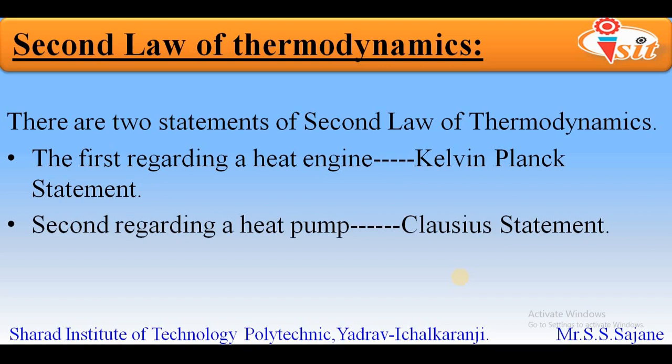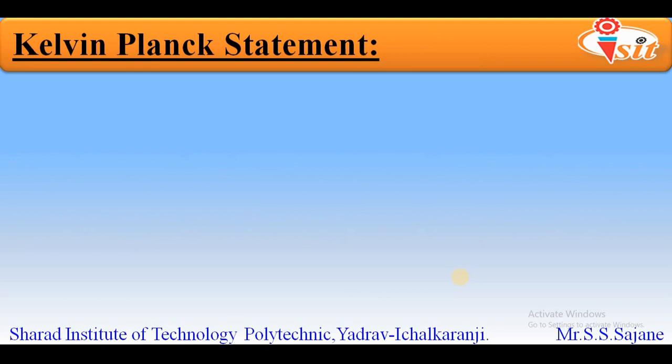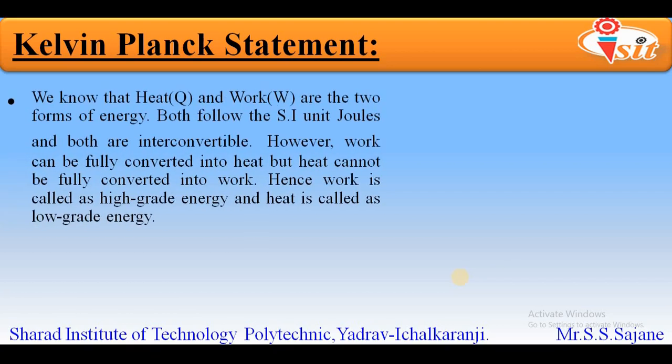So now the Kelvin-Planck statement. Before going to the statement, we should first know that two terms are involved here, that is heat and work. We have already studied the concept of heat and work, but I will repeat it once again.